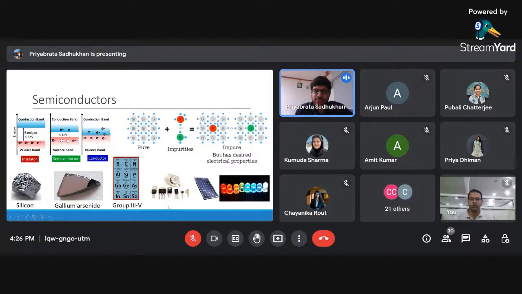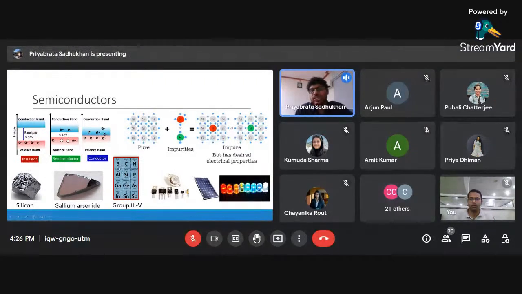And another type of semiconductor which is much more flexible is the group 3-5 semiconductors. If you look at our periodic table, you will see that between group 3 and group 5, there are these 12 elements which can work as a semiconductor, including silicon and germanium.